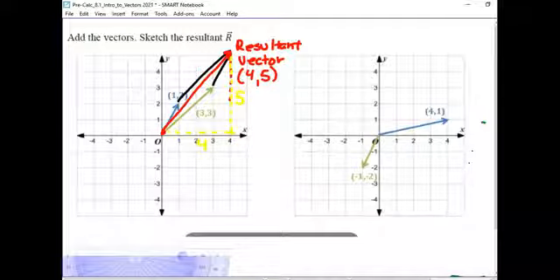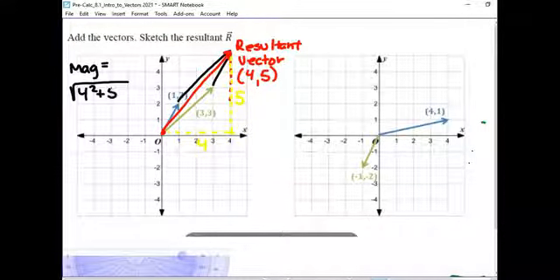Notice that's the same as where the resultant vector ended up, right 4, up 5. So I can take that and square it. So this is 4 squared plus 5 squared. 25 plus 16 is 41. And the square root of that, I believe, is about 6.4. Okay? So that's the magnitude.